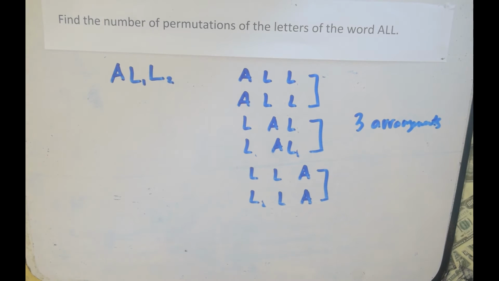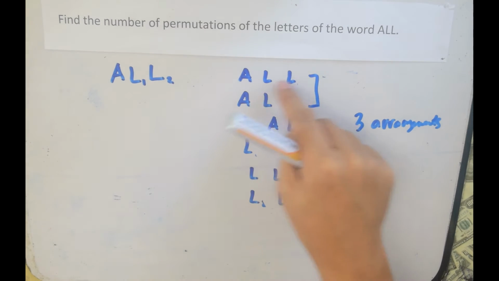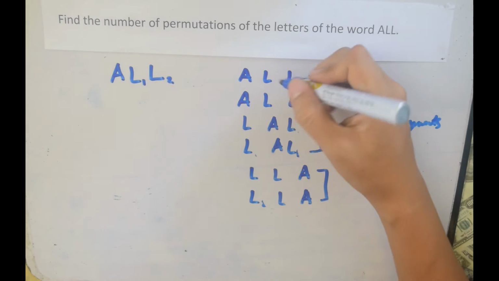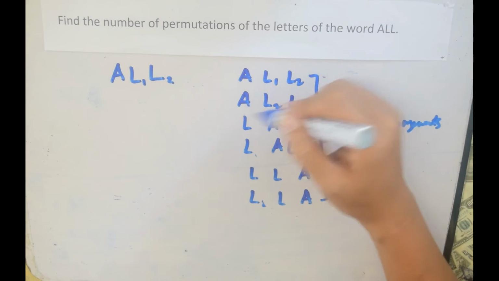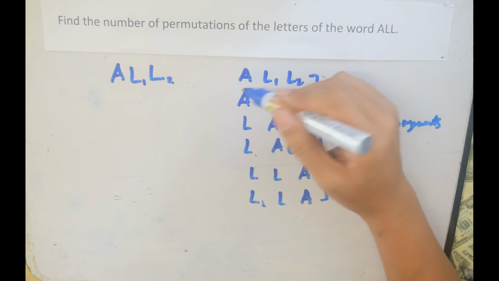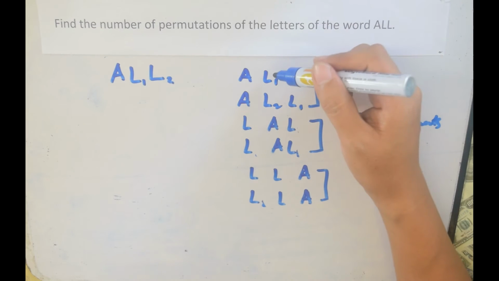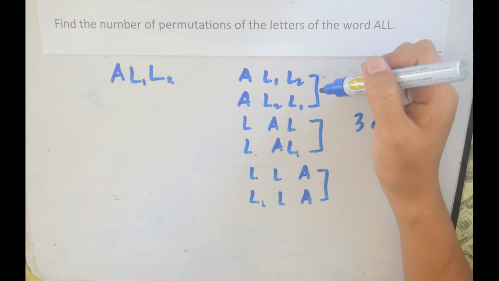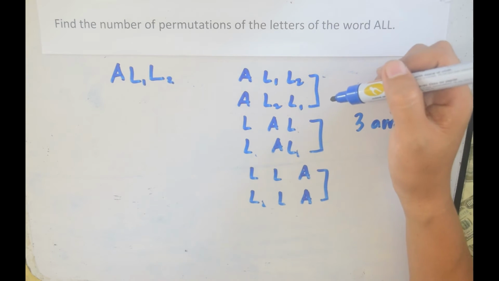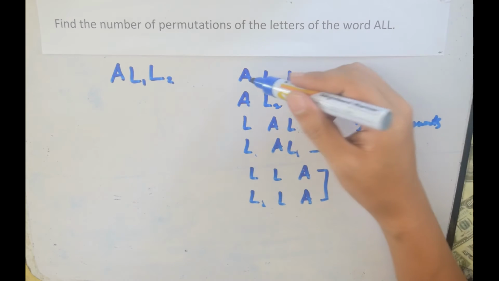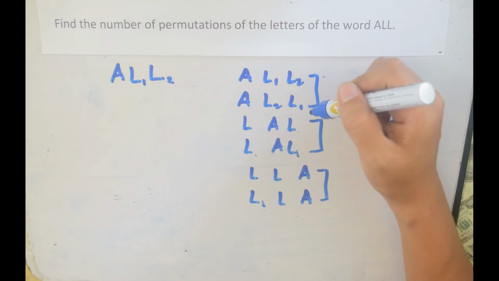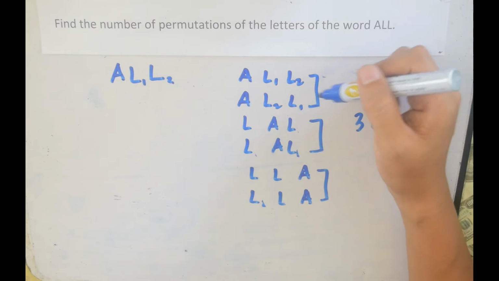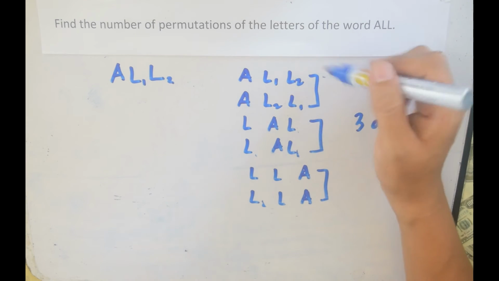Okay? We only have 3 arrangements, not 6, because this one, we have here L sub 1, L sub 2, L sub 2, L sub 1, but they have the same meaning, right? ALL, because the L here are identical. The L here are the same. Therefore, A L sub 1 L sub 2 and A L sub 2 L sub 1 are one arrangement.